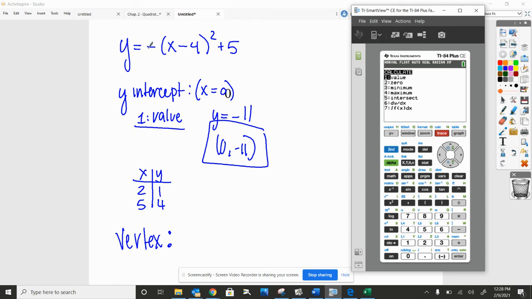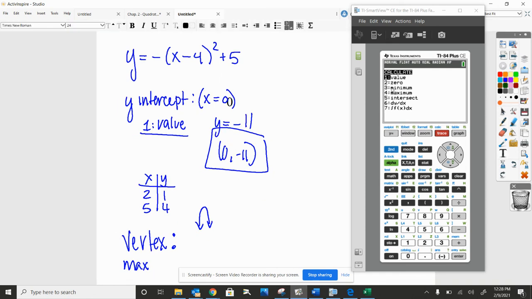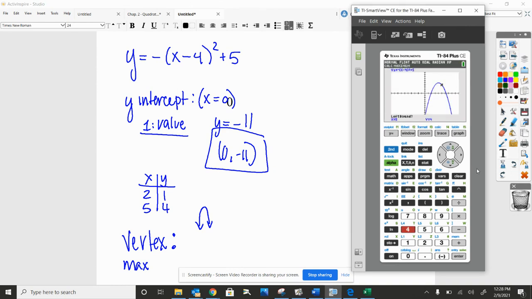This is concave down. So if this is concave down, my vertex is a maximum. Okay, so I'm going to go to number 4. And remember, it's going to ask you 3 questions. It's going to say left bound, right bound, guess.